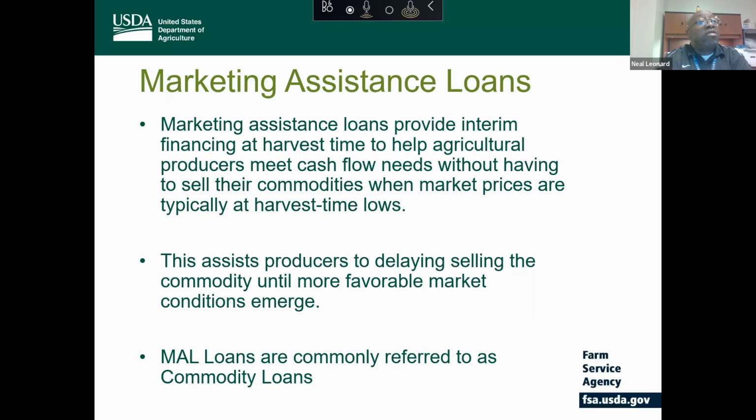One of my producers that I worked with when I was in the county office, he built a lot of grain bins, and with those grain bins, he did farm storage. He did on-farm marketing loans.